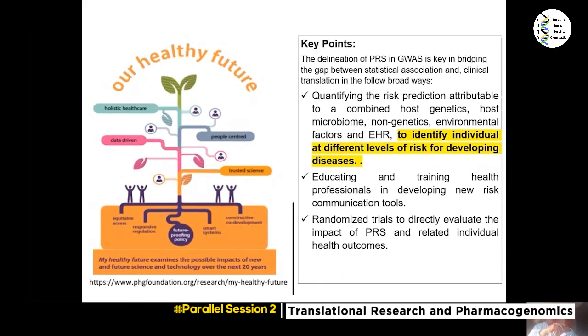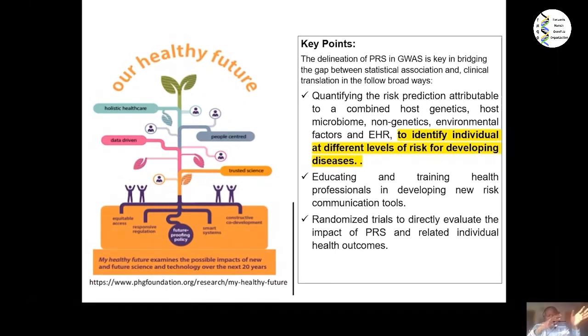One of our observations is that even if we implement that, PRS can differ across populations, and that is arbitrary.